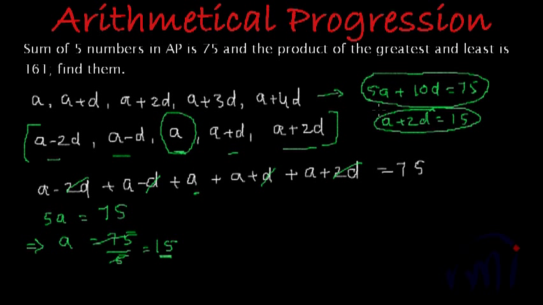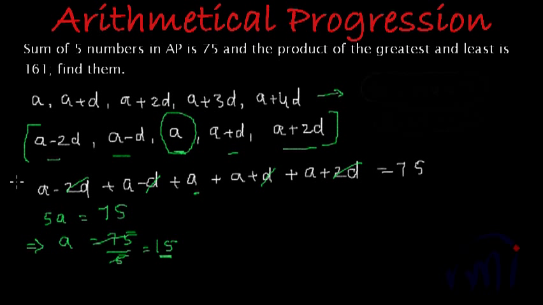But usually when we solve these kind of problems and we get equations, we try to find the value of the variables, and that is where we get confused, right? So just to avoid that confusion, it is better to assume the terms in this fashion. So let me erase this, and here we have got our middle term, which is A is equal to 15.